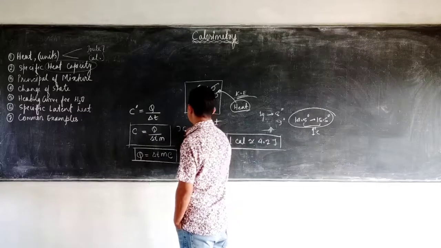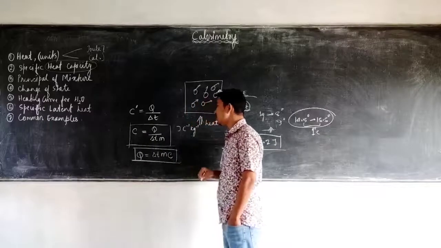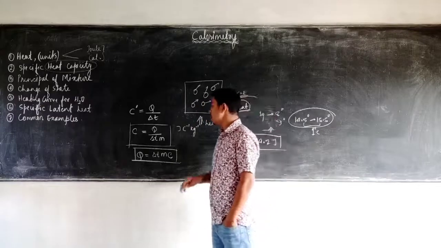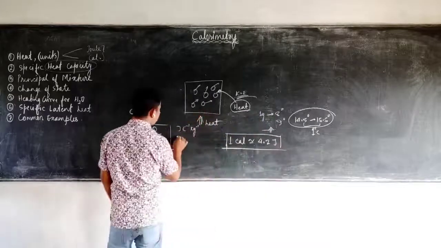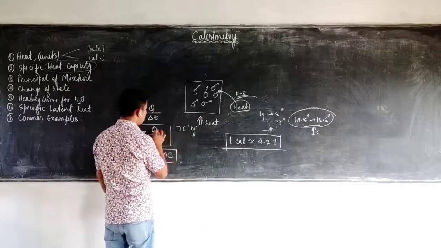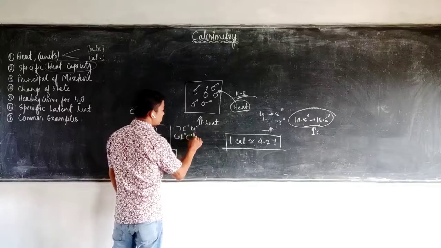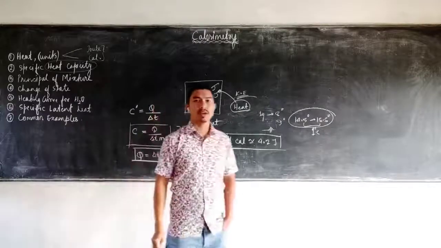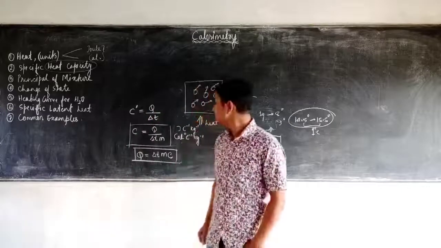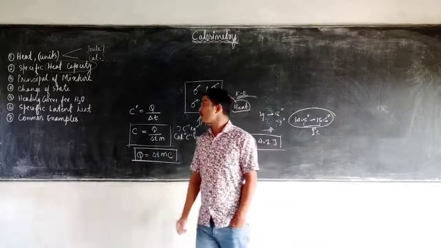So joule per degree per kg is the SI unit of specific heat capacity. Or you can also write it as calorie per degree centigrade per kg. Any you can take. That is how we find the unit of specific heat capacity of a given substance.